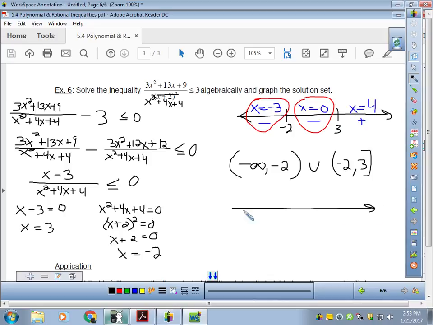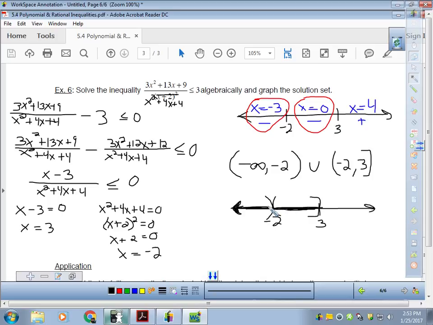And then when we graph this, here's negative 2. Here's positive 3. We're going to have a parenthesis here on the negative 2, and it's going to go that way towards negative infinity. Then we'll also have a parenthesis on negative 2 going the other way, and then we'll have a bracket on 3, and we'll have this area in between.